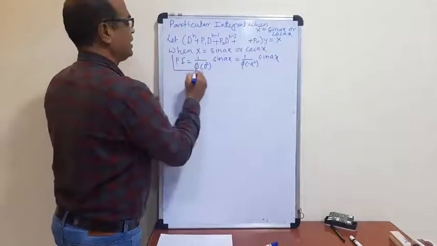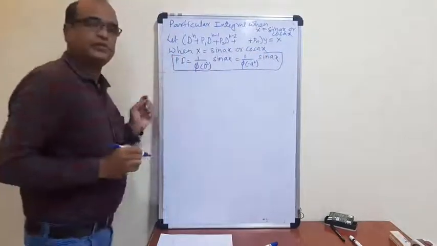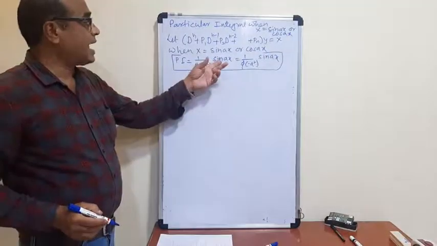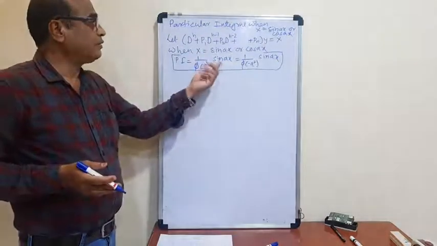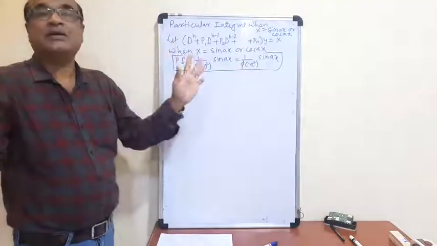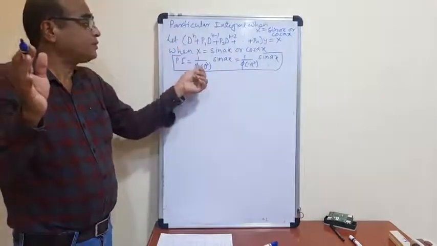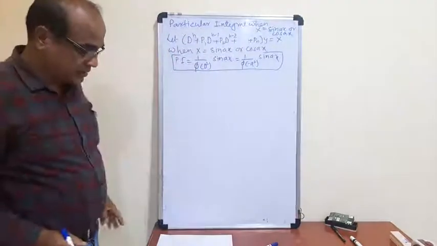That is what we prove here. When capital X is sin ax or cos ax, the particular integral is this. So put d square is equal to minus a square.